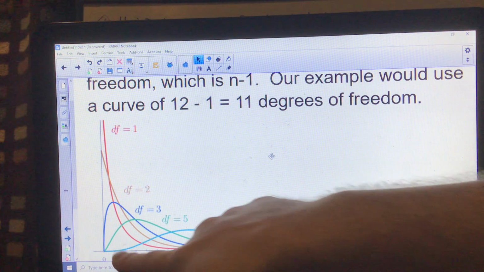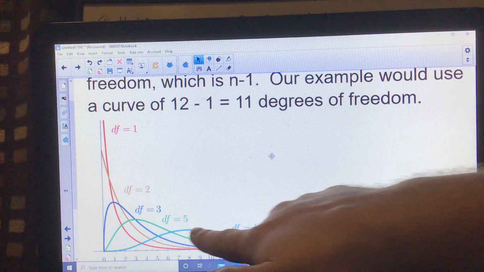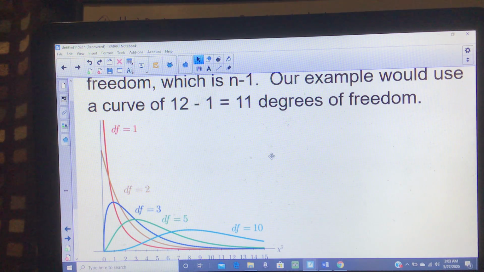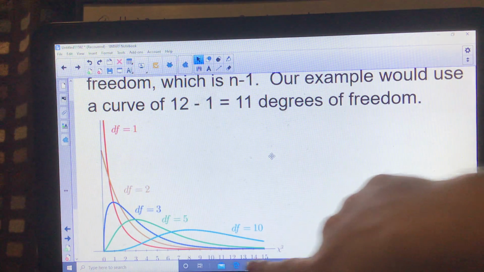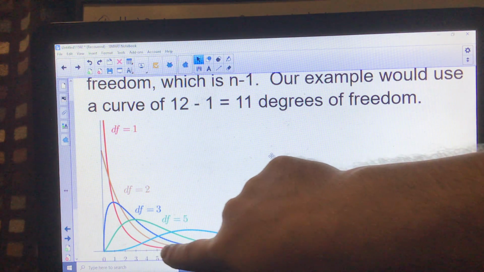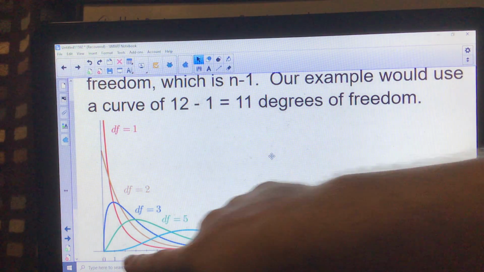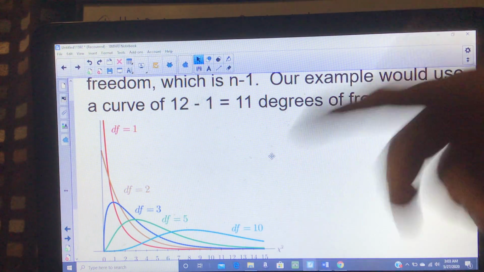And the more degrees of freedom, the more stretched out it is, but it still has that shape. Even this one, with 10 degrees of freedom, has the lump but is still skewed right. Basically, the more categories you have, the more deviation you're allowing. So if you have 3 degrees of freedom, a deviation of 10 is a lot. But if you have 10 degrees of freedom, a deviation of 10 is not that much.